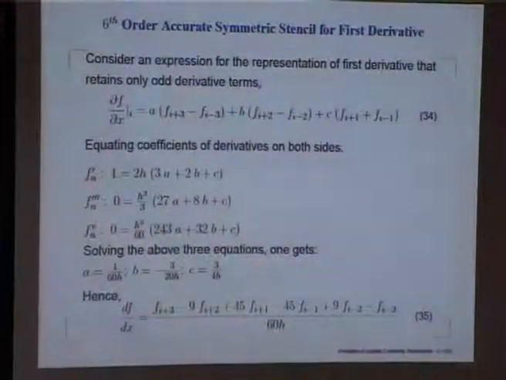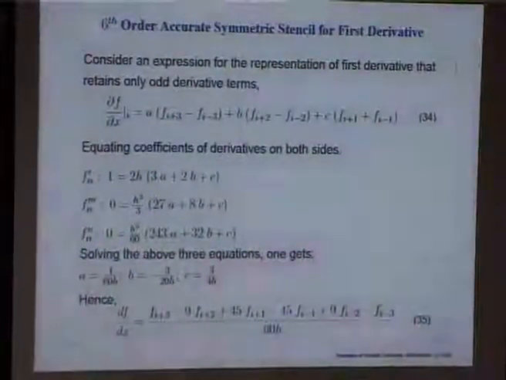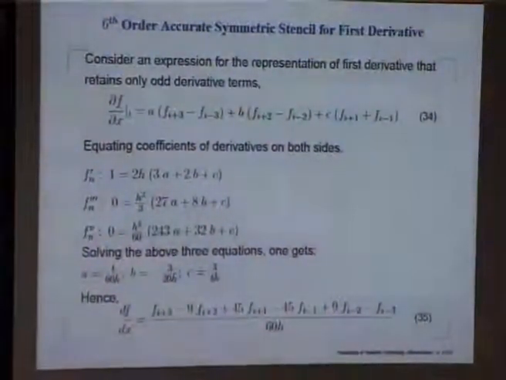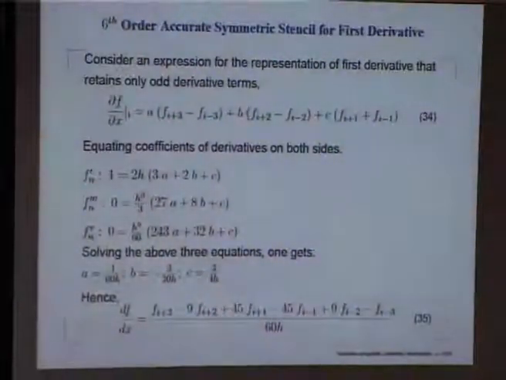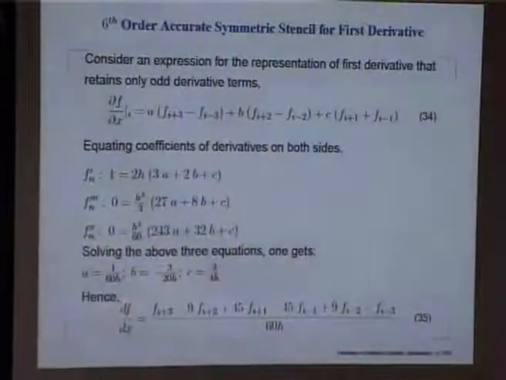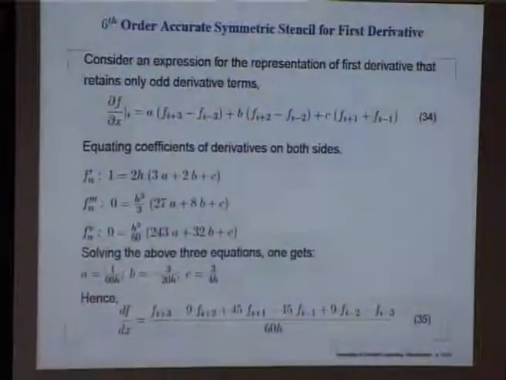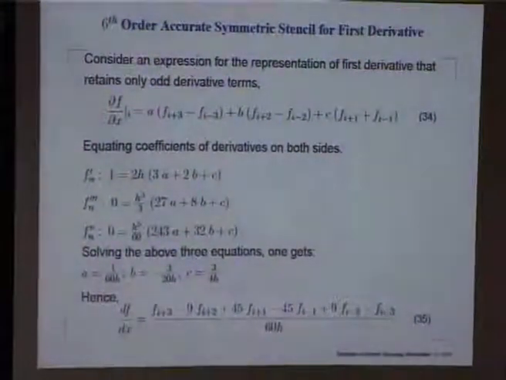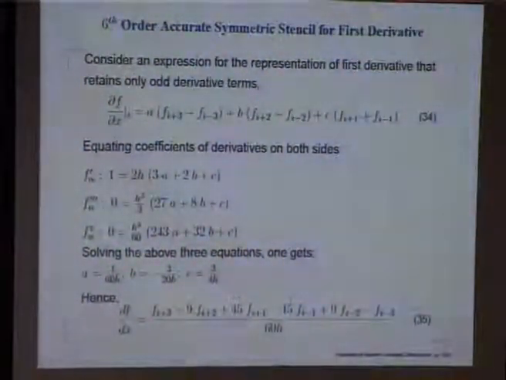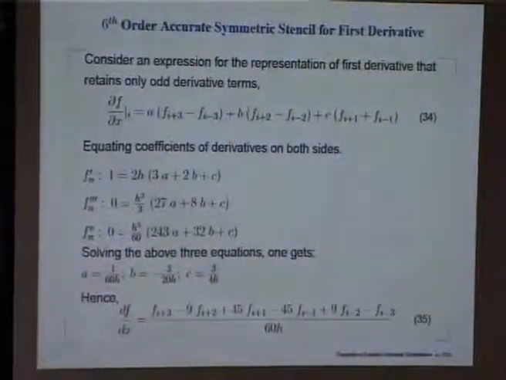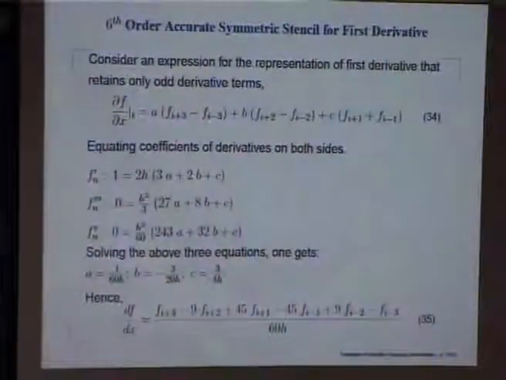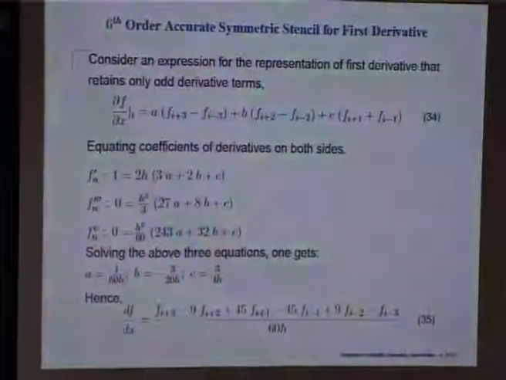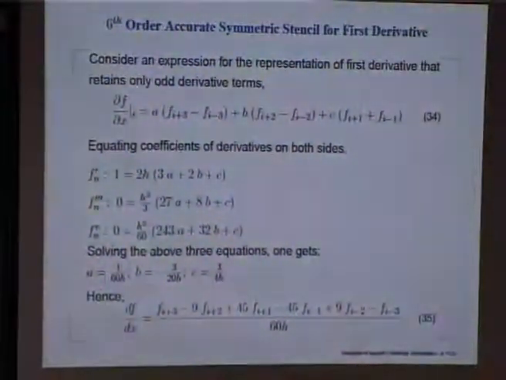We are trying to develop an expression where we do not want even derivatives to be there, because they can do both the things that we have talked about. So, we would club them like this. Since the coefficients are 1, all those even derivatives go away, and we expand this right hand side, and on the left hand side we have only the first derivative.